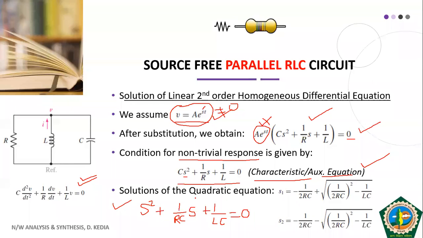Since it is a second order quadratic equation, there will be two solutions, S1 and S2. If you substitute these in the equation, you get S equal to minus 1 upon 2RC plus under the root of this term, and the other with minus. This is the solution of the quadratic equation that we come across.